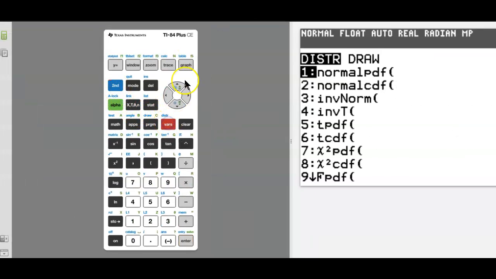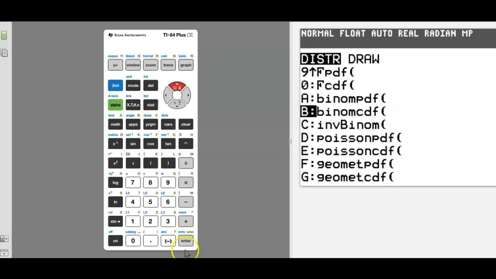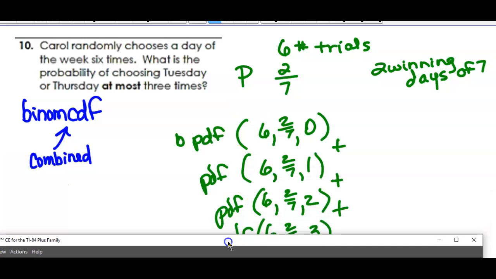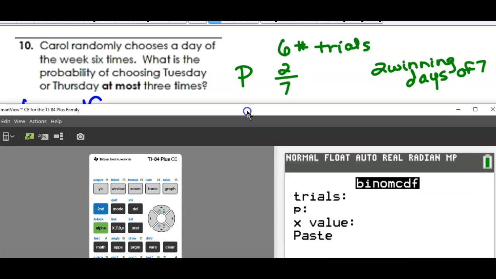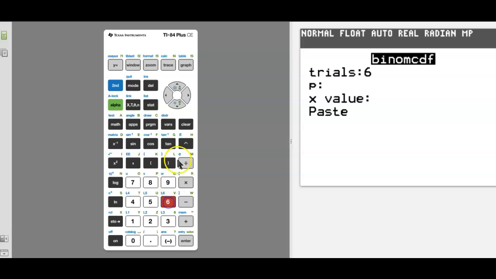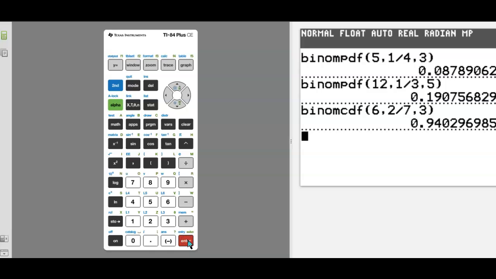It brings up this little list that says, okay, it still says this, but you have to realize that it is combining all the probabilities up to 3 wins, 3 successes. So if we were to do at most 3 times, it was 6, 2/7, and we wanted up to 3. So we do 6, 2/7, and we want it to add up all the possibilities, 0, 1, 2, 3. Now when we do it, we get this.